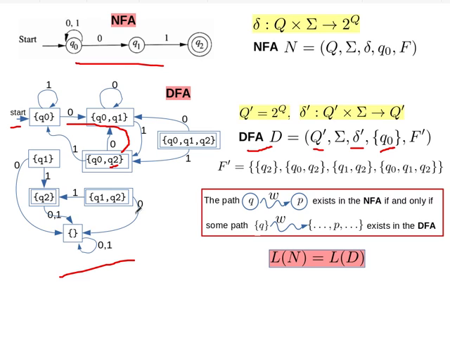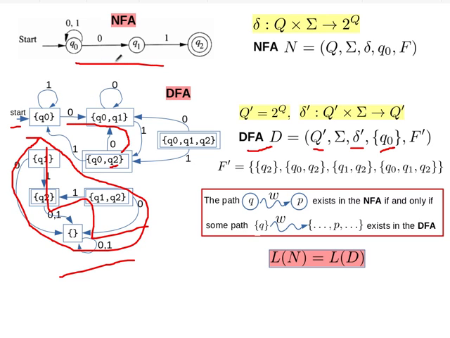And one thing I think you have already noticed: since this is our starting state, following the arrows from here you can only remain in this part, because this part is completely disconnected from the other part. So even if you remove the other part, it's fine. You will get a DFA with these 4 states, and that will be an equivalent DFA for this NFA.